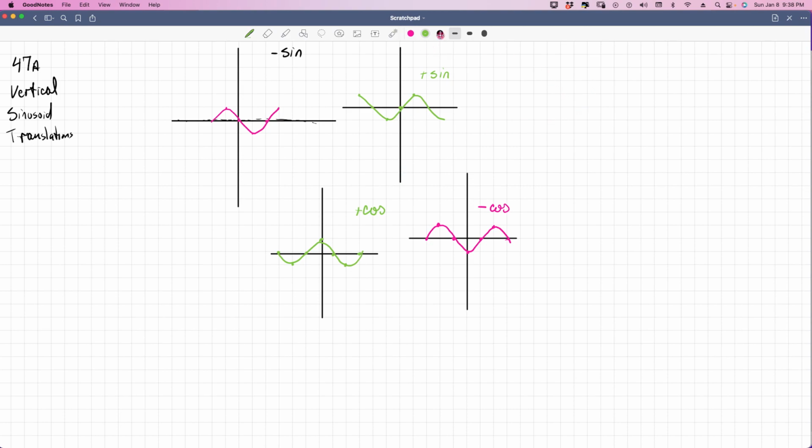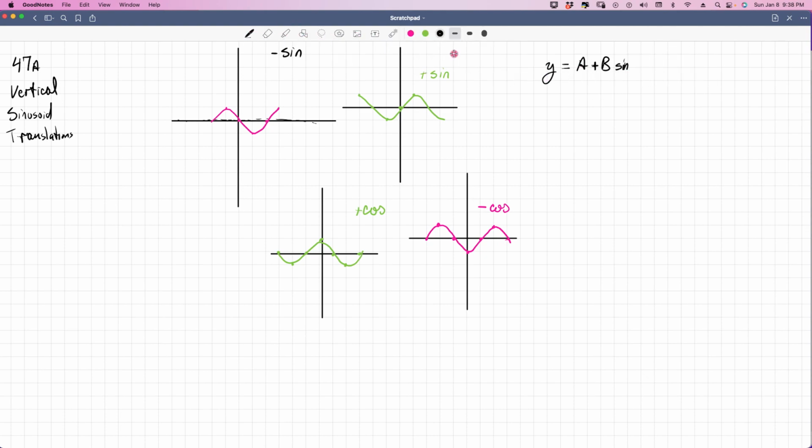And remember that first really big and scary formula that we had, A plus B sine of C times theta minus D, that big scary thing? Okay.